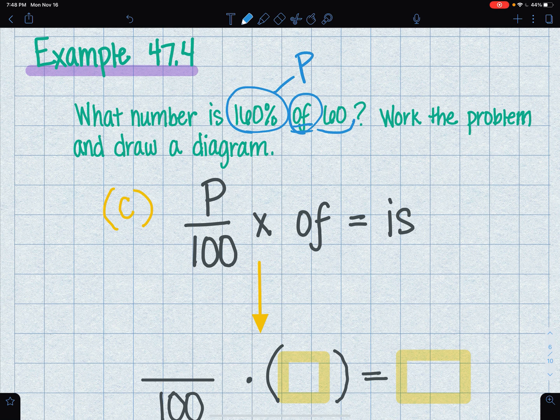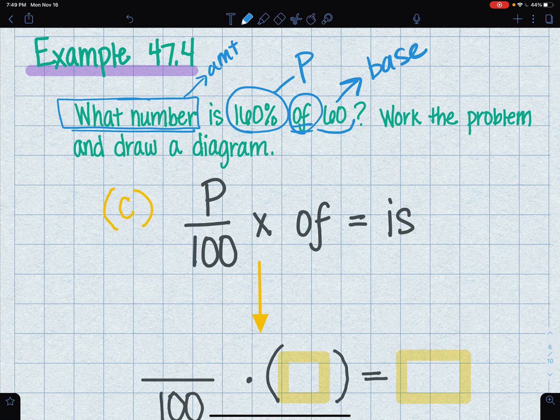So the word of identifies your base, okay? And then what number, instead of is what number, you could easily rearrange that sentence and say 160% of 60 is what number, and then you would know that what number, the thing that you're solving for, is going to be the amount or the percentage, okay?